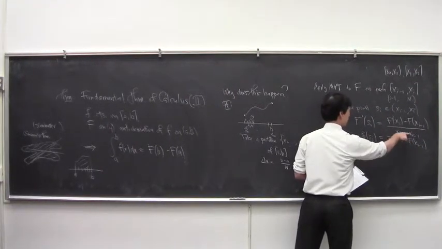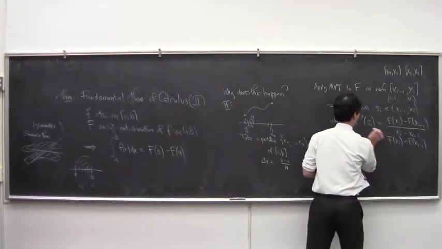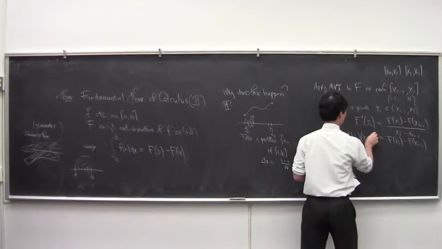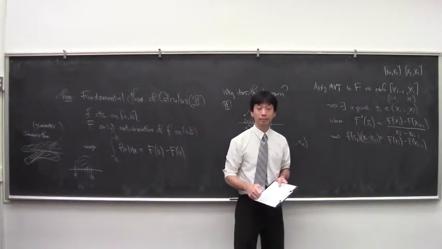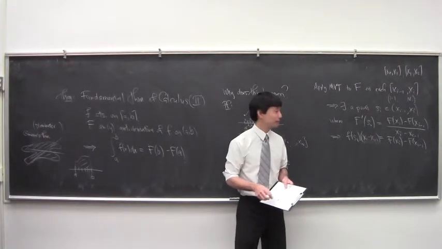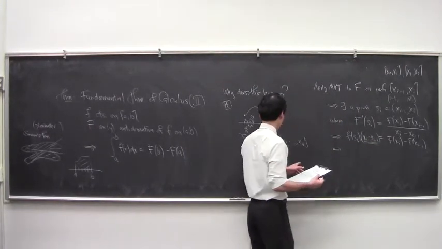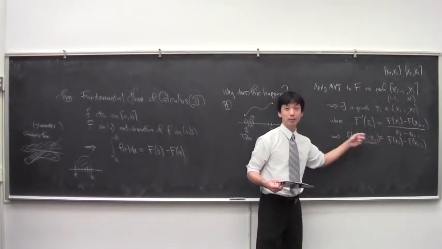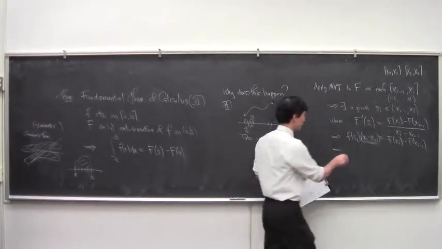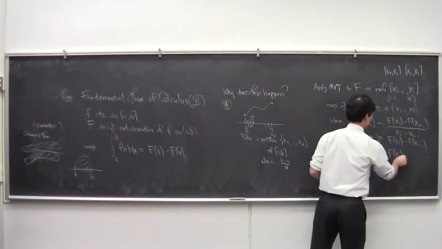I'm going to multiply both sides by x_i minus x_{i-1}. And I'm going to rewrite each of these x_i minus x_{i-1} as just delta x, because they're all the same width, delta x.